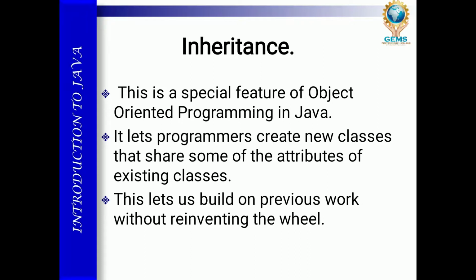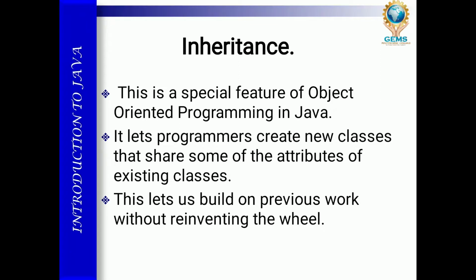Here, the new class, that is called the child class, shares some of the attributes of the existing class. New class taking attributes from the existing class. What is the existing class? The parent class is the existing class. What is the new class? The child class is the new class.